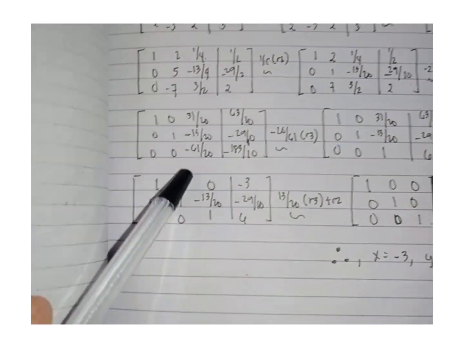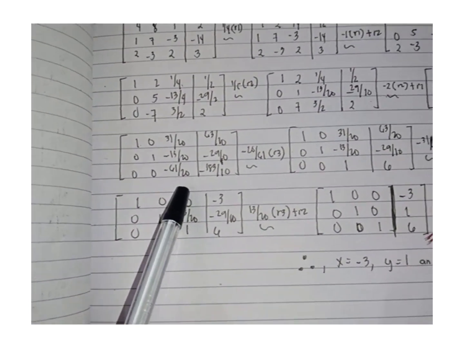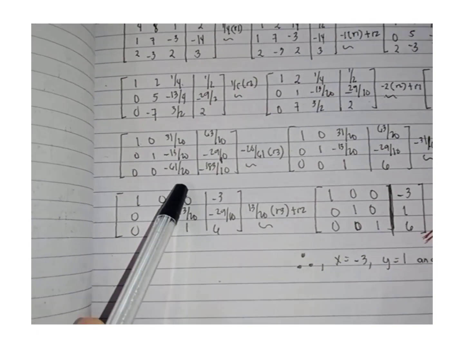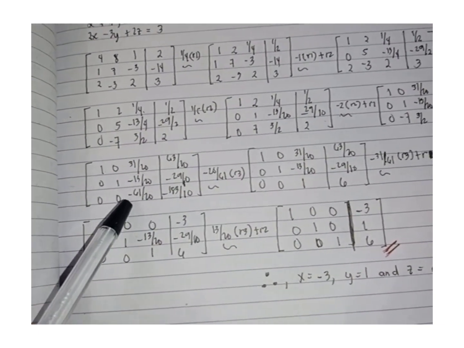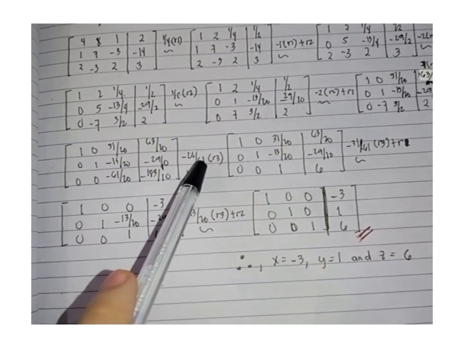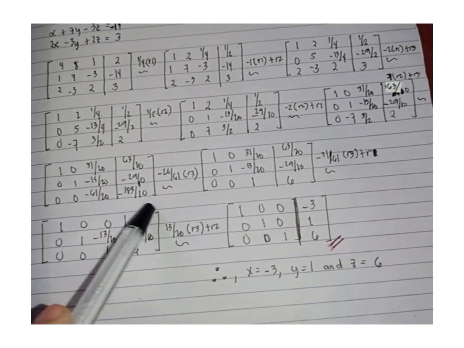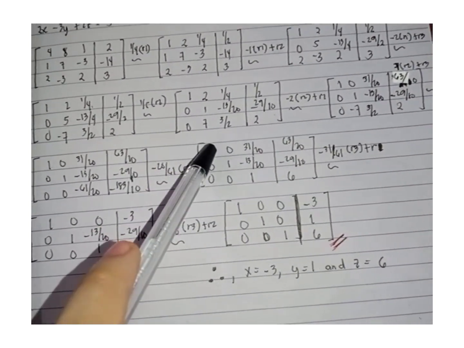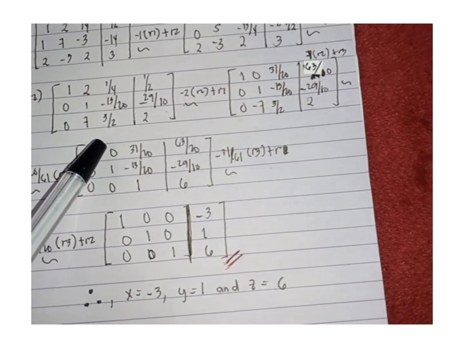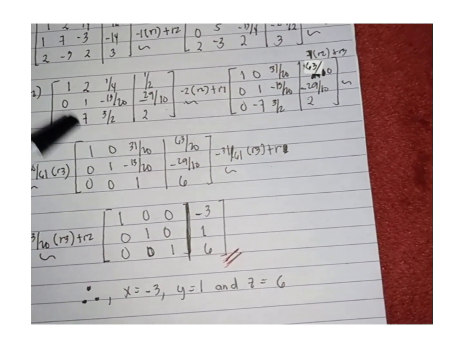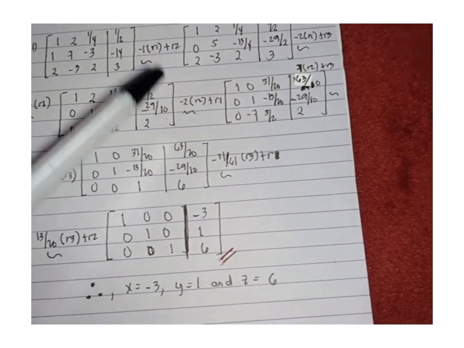Then we're going to equate negative 61 over 20 into 1 by multiplying it by its inverse. So negative 20 over 61 times negative 61 over 20 will be 1. Negative 20 over 61 times negative 183 over 10 is 6. Copy rows 1 and 2. Then we're going to equate 31 over 20 into 0.